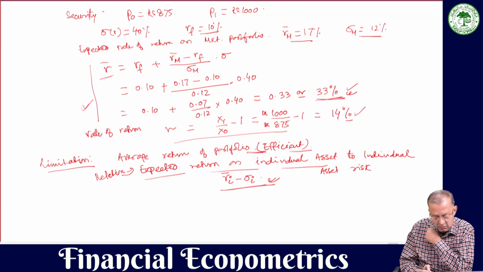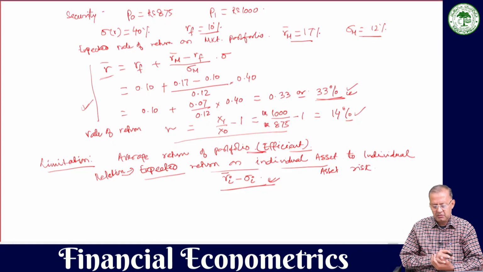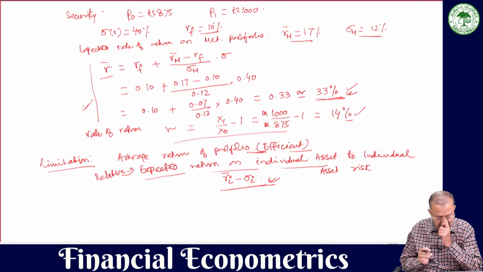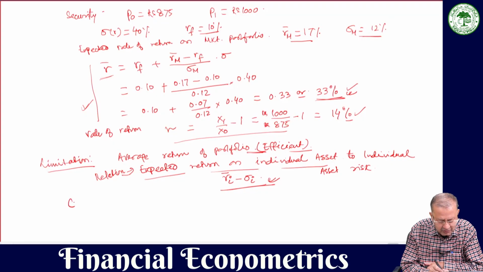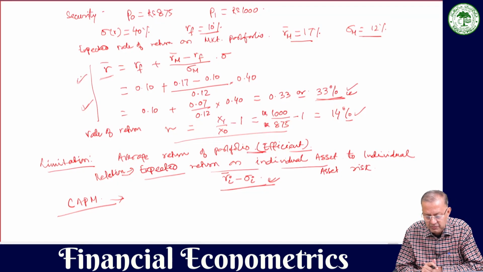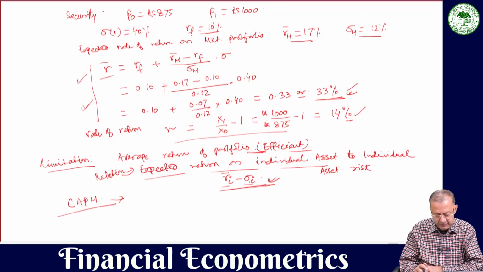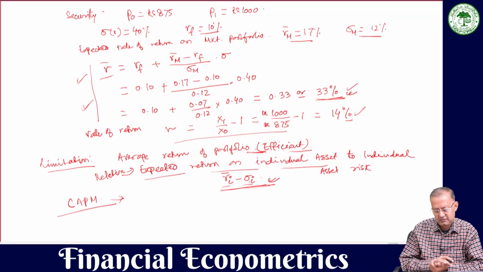So this can be explained by making certain manipulations or using some mathematics. And under this capital asset pricing model, this CAPM, we not only talk about the average return for the efficient portfolio, we are also in a position to say something about the average return on an individual portfolio and the risk on an individual portfolio. And how do we do this?